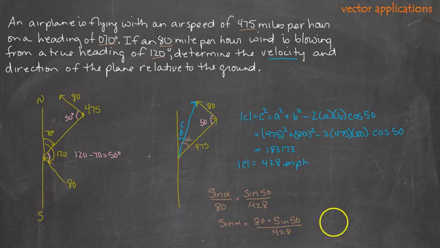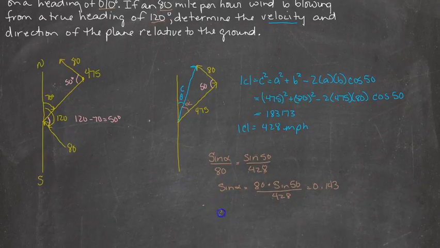That equals 0.143. Now I'm going to take the arc sine of 0.143, and that tells me that alpha equals 8.23.